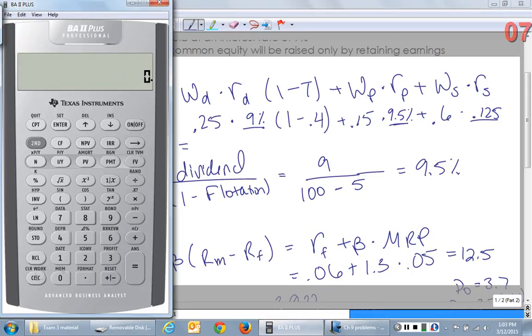So we have our 9% times 1 minus 40%, so times 60%, times the 25% weight, gives us 1.35%.